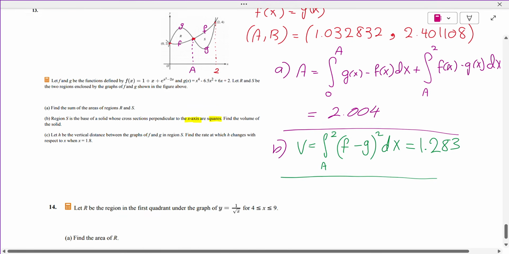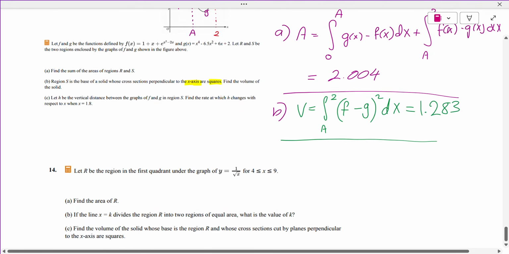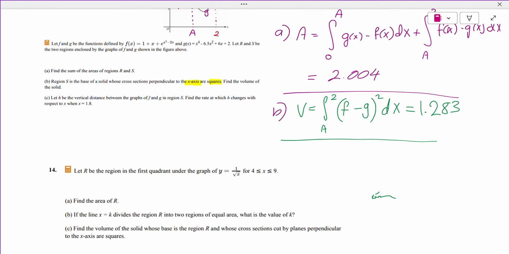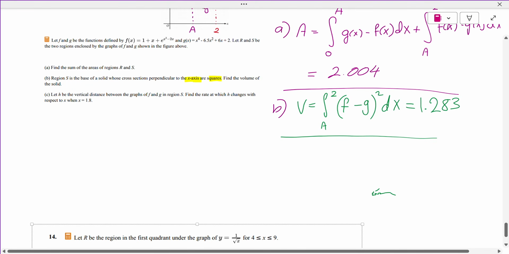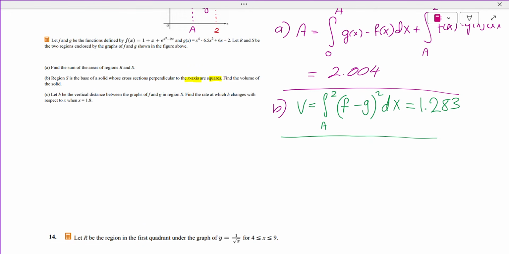Well, let me just drag the next question down. Okay, let's carry on here. Let H be the vertical distance between the graphs of F and G in region S. Find the rate at which H changes with respect to X when X equals 1.8.